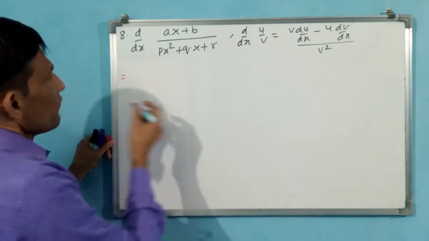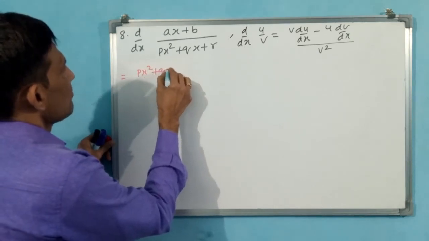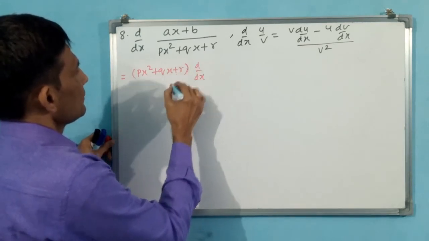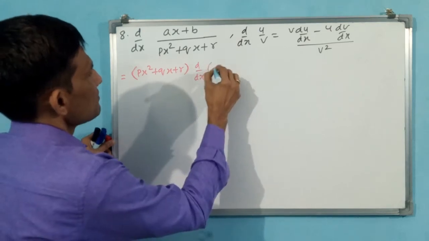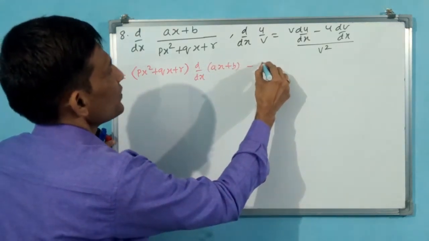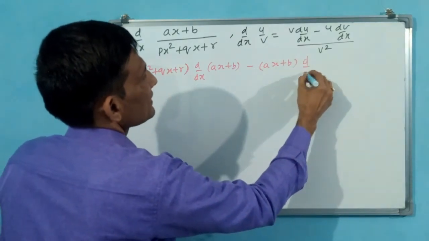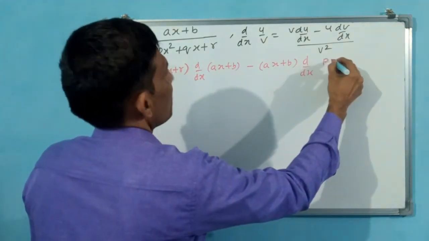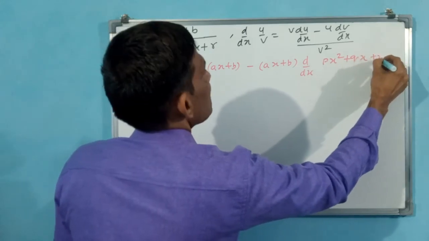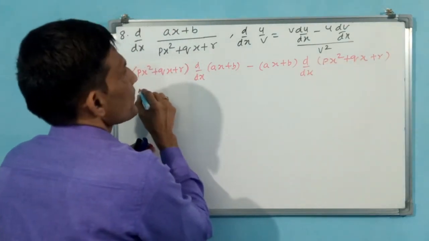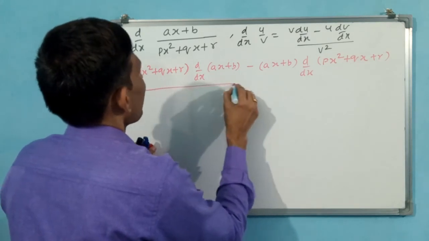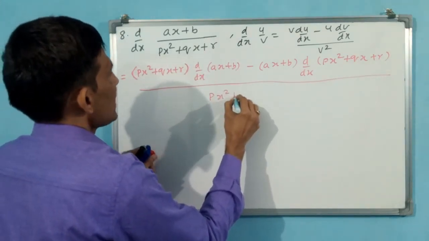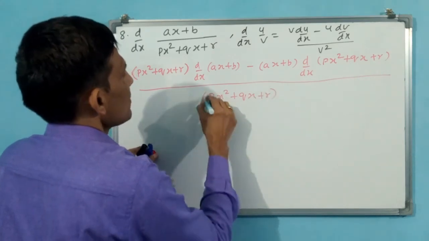That is equal to v, px square plus qx plus r, d by dx of u, ax plus b, minus u, d by dx of v, all divided by v square, px square plus qx plus r whole square.